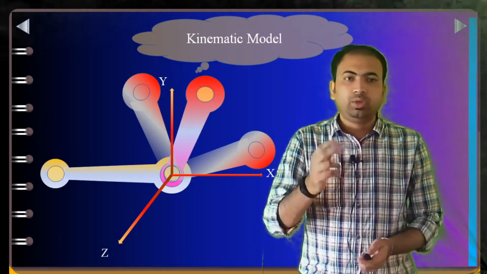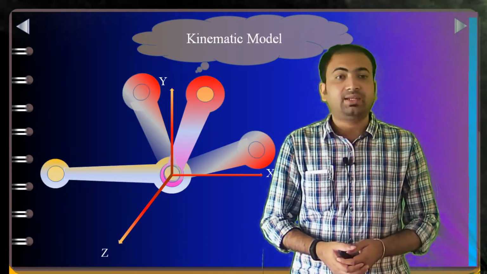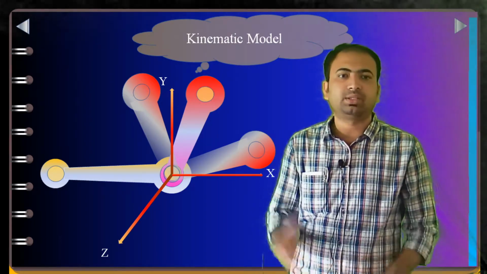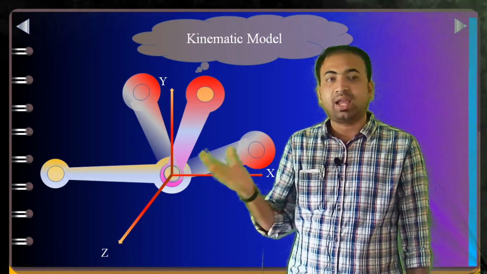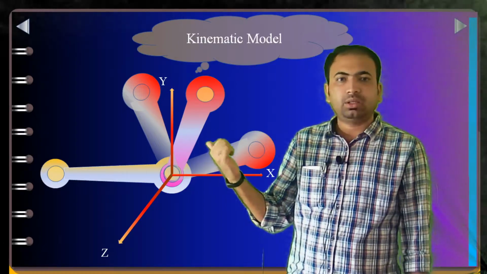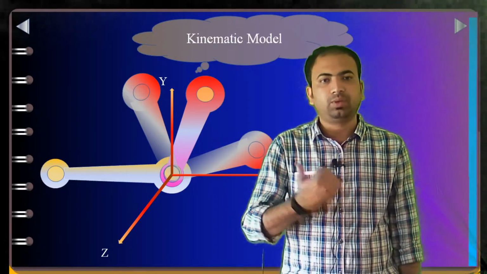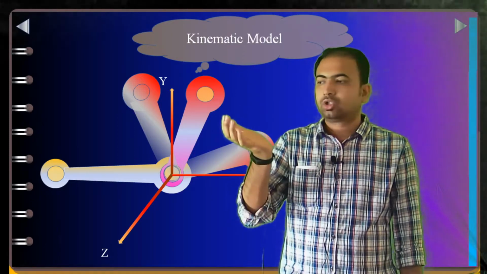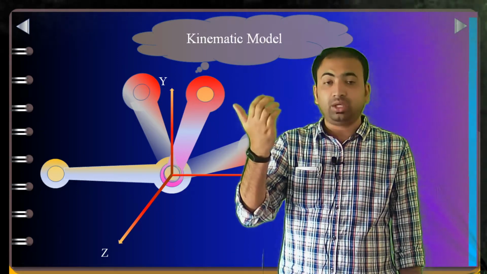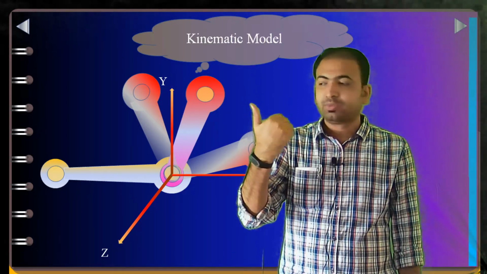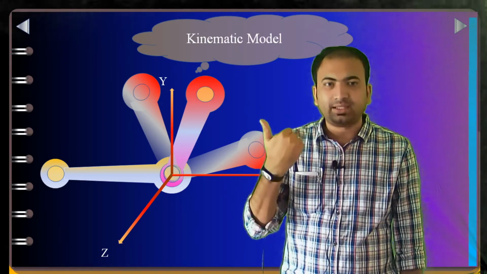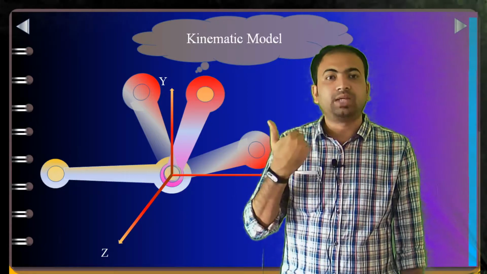Now, we already know about the right handed coordinate system. In the right hand coordinate system, what happens? If we keep our right hand with us, and keep the thumb like this, and the curling fingers show the direction of rotation, then the thumb will represent the direction of the axis.